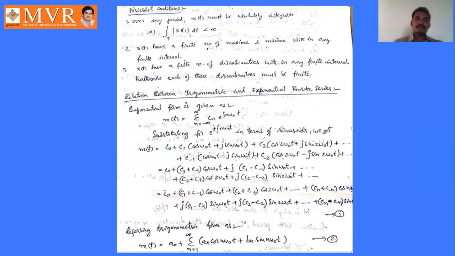So we can write this as cn into e^(±jn omega0 t). That will become m(t) = c0 + c1 into, if n is 1, e^(±j omega0 t), which can be written as cos omega0 t plus j sin omega0 t, plus c2 into (cos 2 omega0 t plus j sin 2 omega0 t), plus c3 into (cos 3 omega0 t plus j sin 3 omega0 t).